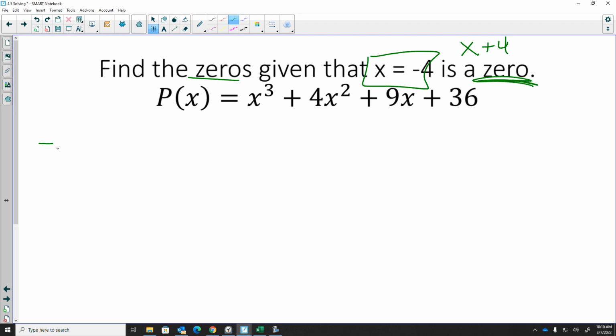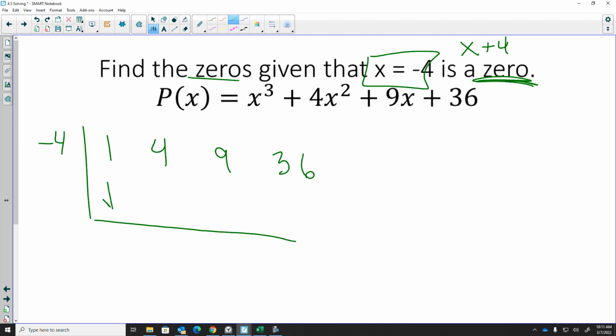I got 1x cubed, 4x squared, 9x, 36. Do our division, so multiply, -4 times 1 is -4, add, multiply, add, multiply, add. Okay, so that's great. I got 0.